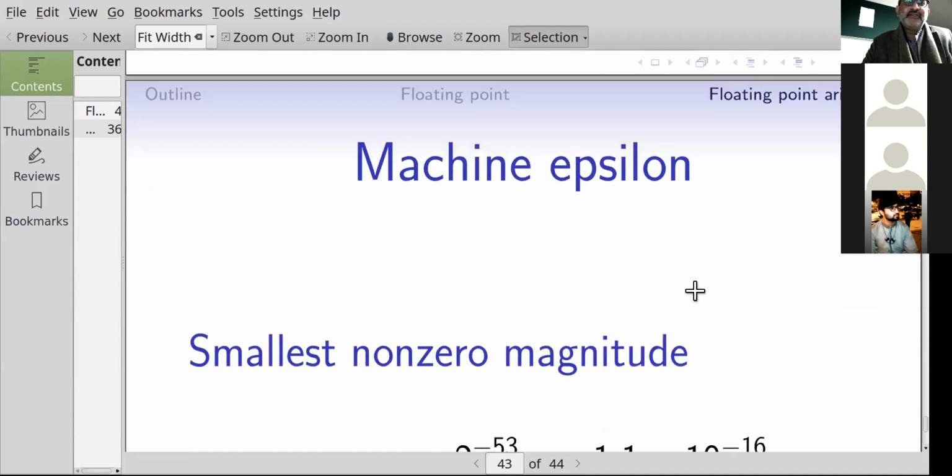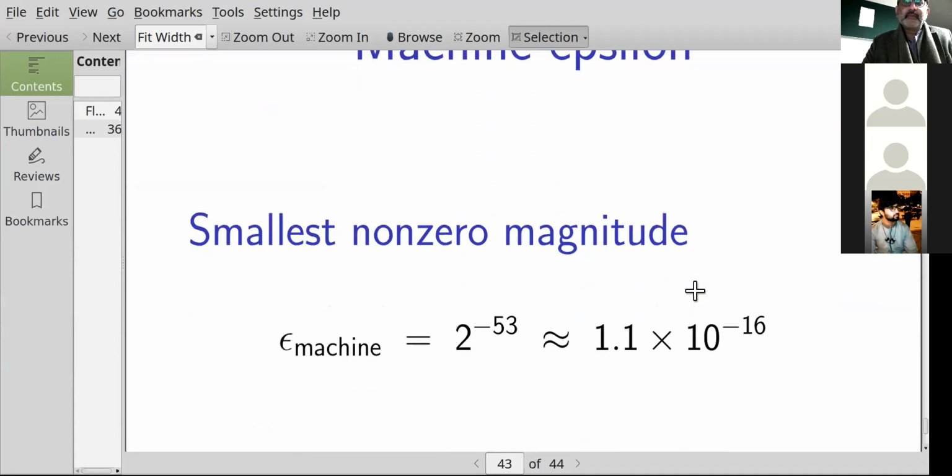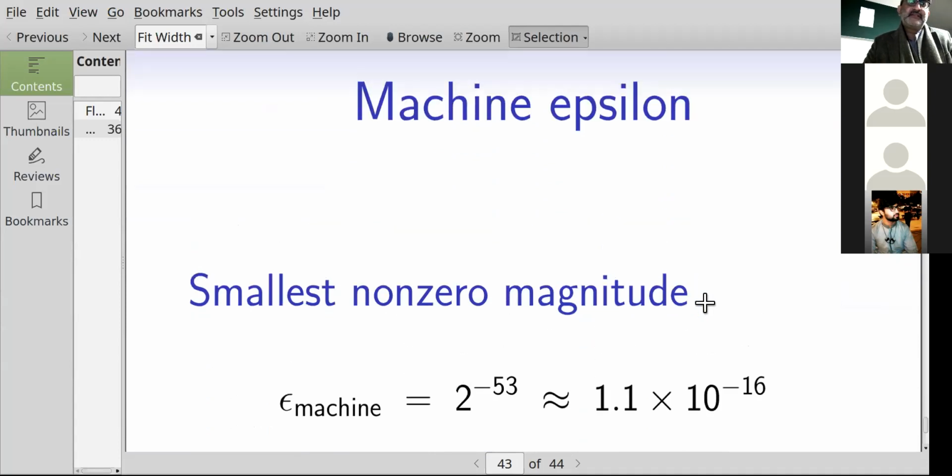Machine epsilon. This is the magnitude of the smallest number that I can manage.